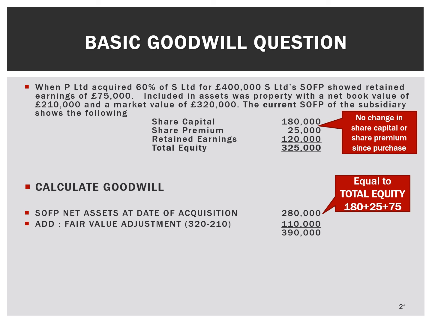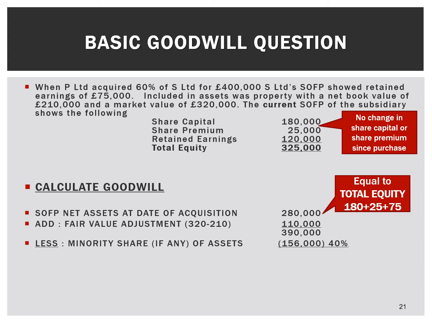We then need to make an adjustment because some of the assets were undervalued in that statement. They were actually worth 320,000, but in the statement they were shown at 210. So to get a current market value for S Limited, we need to add on a further 110,000. That gives a total of 390. That was the market value of S Limited at the date of purchase, ignoring goodwill.